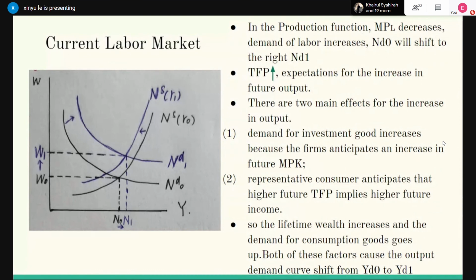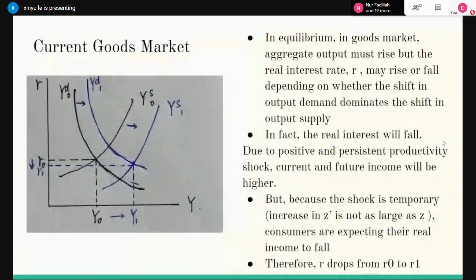Both of these factors cause the output demand curve to shift from YD0 to YD1. In equilibrium in the goods market, aggregate output must rise, but the real interest rate R may rise or fall depending on whether the shift in output demand dominates the shift in output supply.